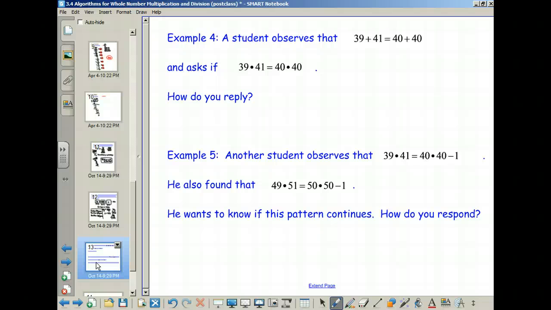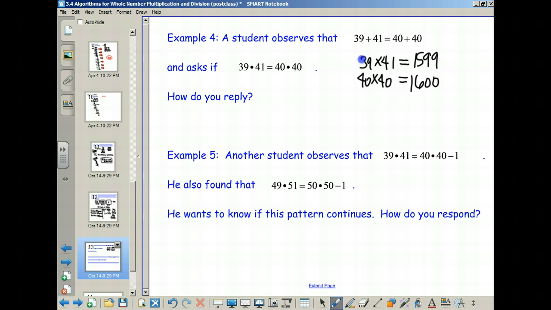I want you to multiply 39 times 41, and I want you to multiply 40 times 40. Now, what did you get on the 39 times 41? 1,100. And then 40 times 40 is 16.